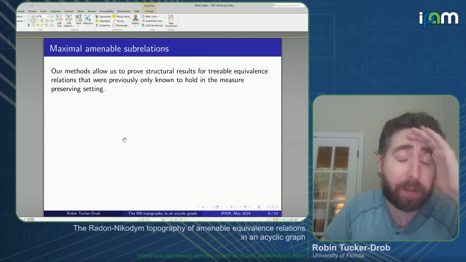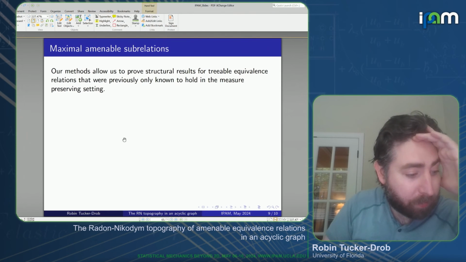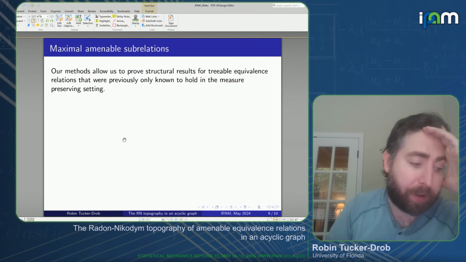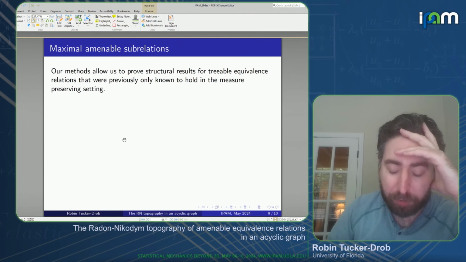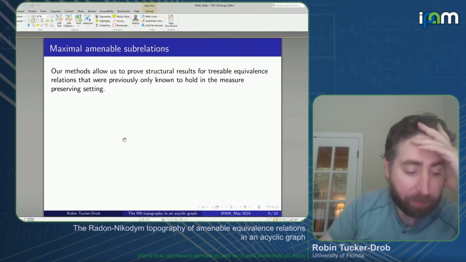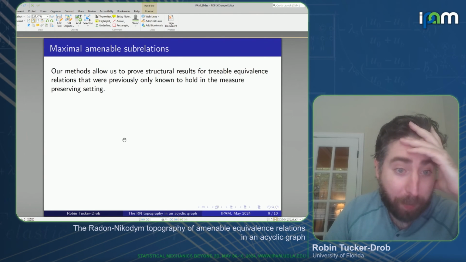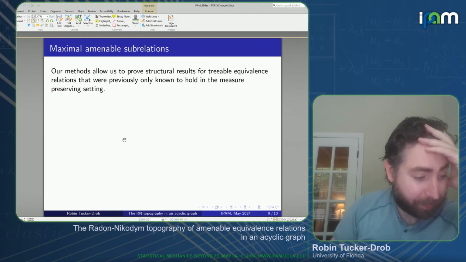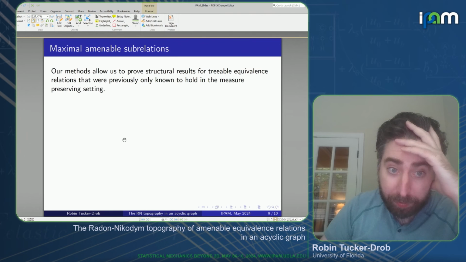I should also attribute some of it to a host of other names. Adams is definitely the one required, but there are variants of different proofs of some of these results in the measure preserving setting, some using this notion of cost of equivalence relations, some using probabilistic percolation type ideas.